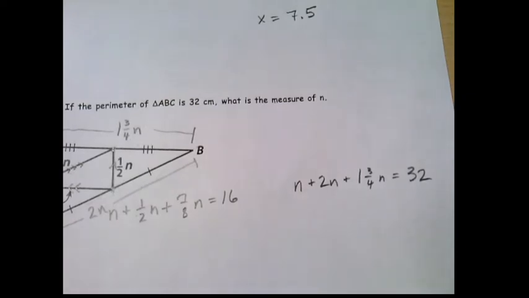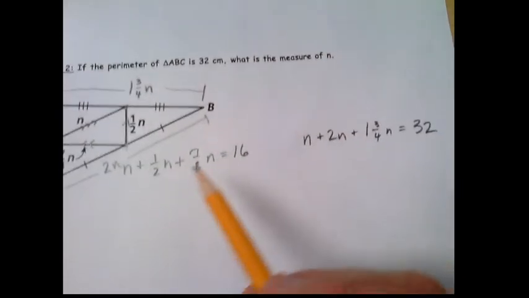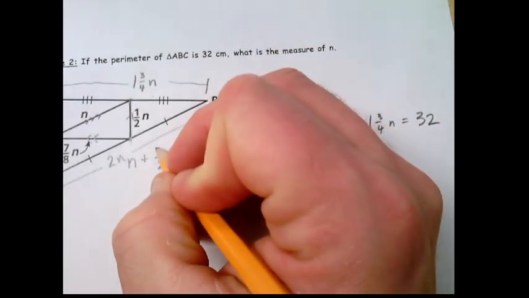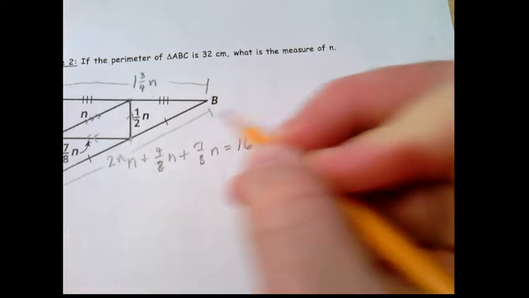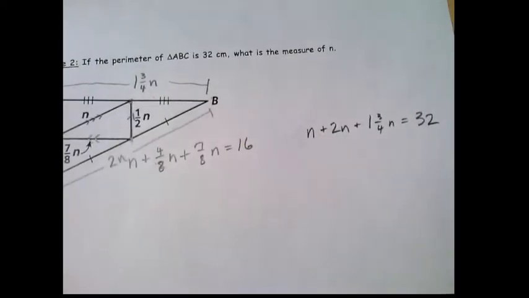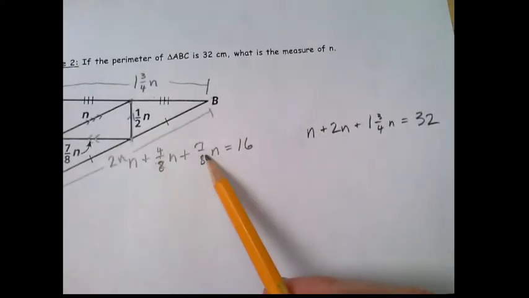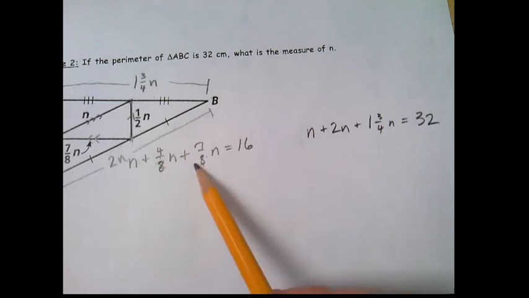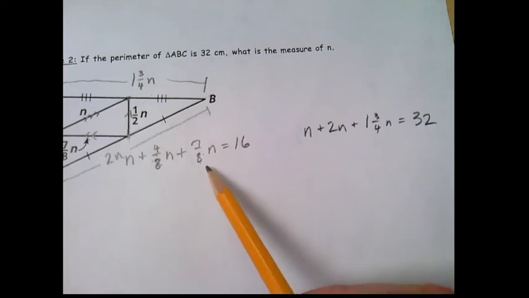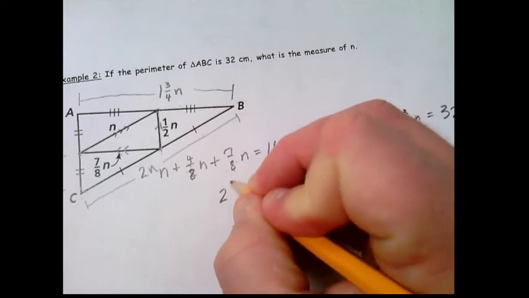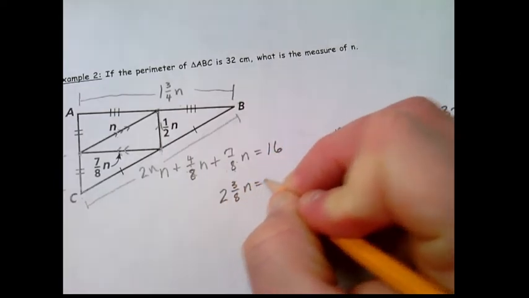So let's solve this first one first. I'm going to make this one 4/8, since 1/2 goes to 4/8. So 4/8 plus 7/8 makes 11/8. 1 and 11/8, and 11/8 is actually 1 3/8, so we have 2 3/8 n equals 16.